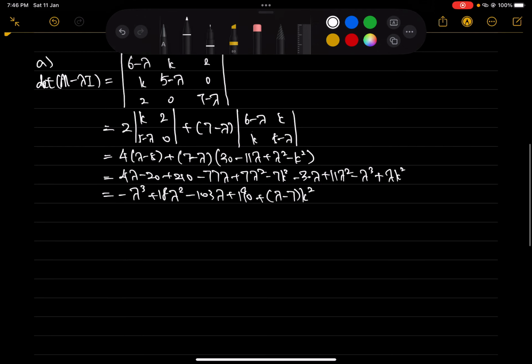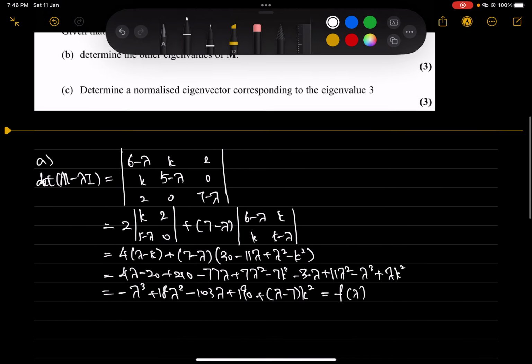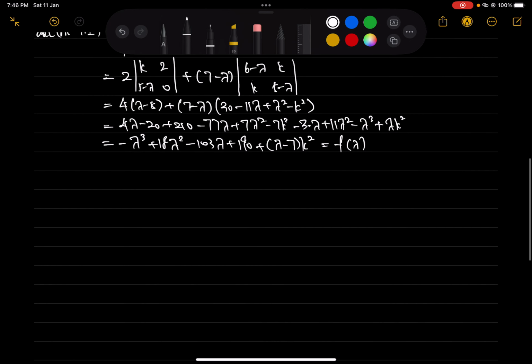And when 3 is an eigenvalue of M, we could say this is true, which means this thing is 0.